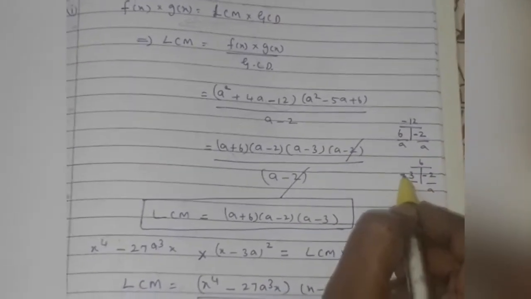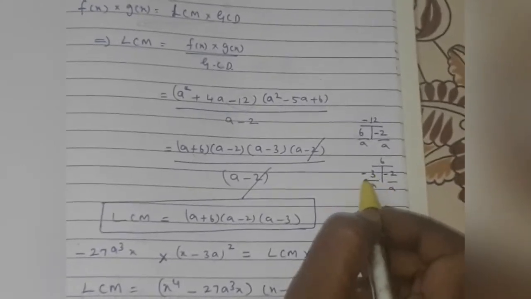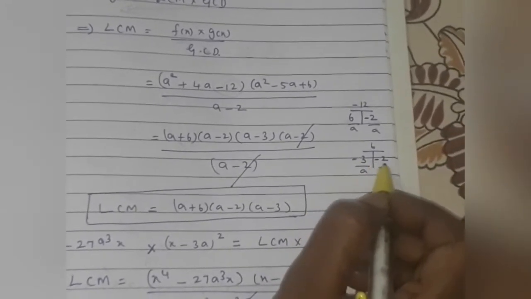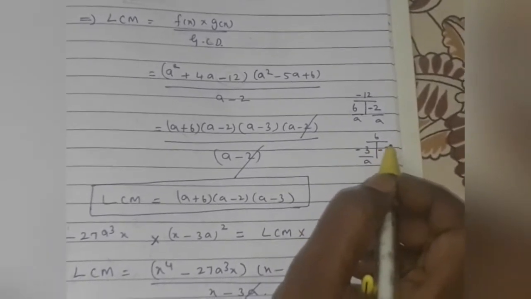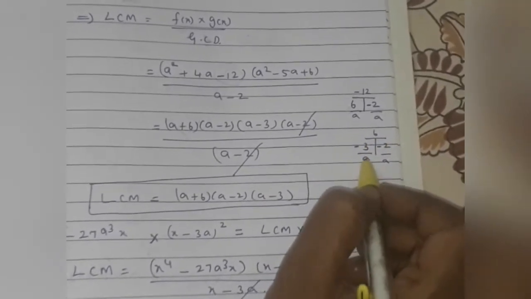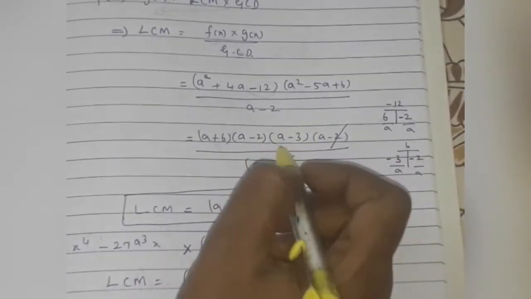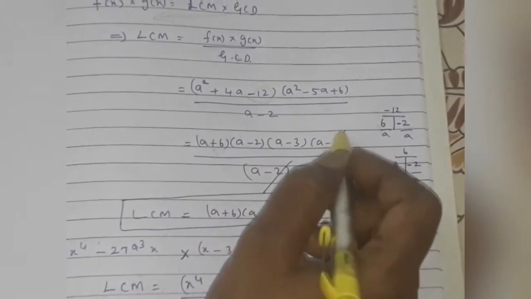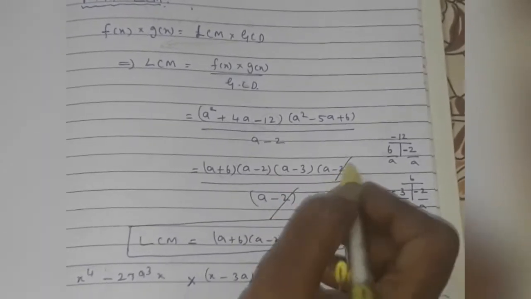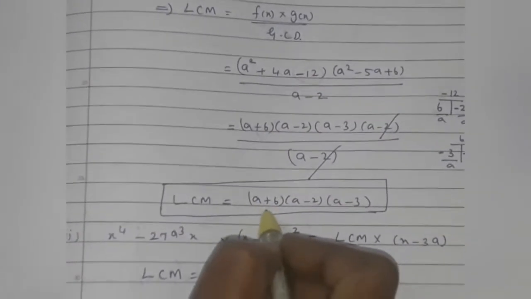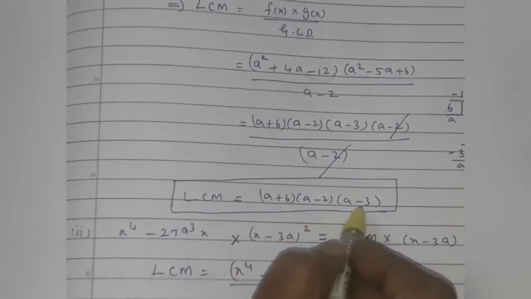So if you take minus 3 and minus 2, adding these two things you get minus 5, and multiplying these two things you get plus 6. So you can write it like this: a minus 3 into a minus 2. Now a minus 2 can be cancelled. So for LCM you are getting a plus 6 into a minus 2 into a minus 3.